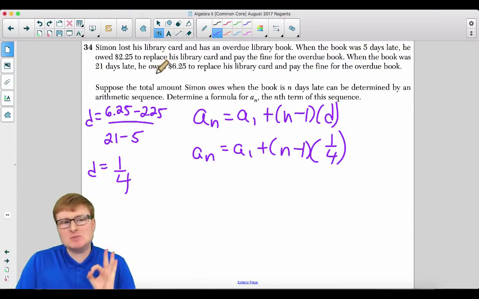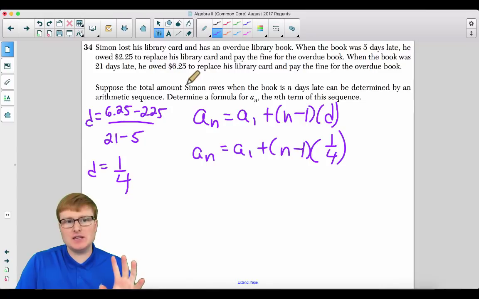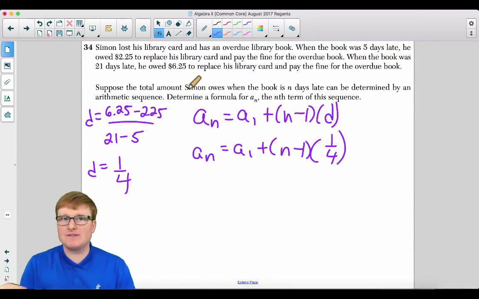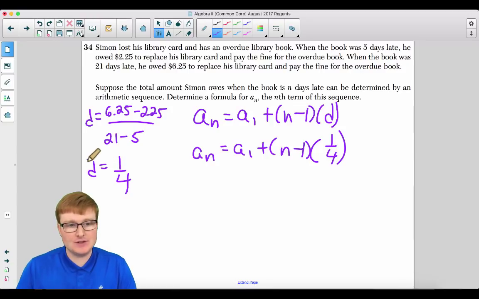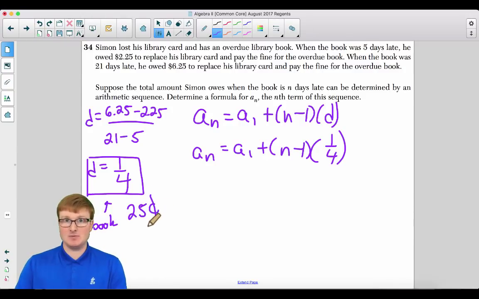It says here specifically that everything for his late fee is to replace his library card and pay the fine for the book. This common difference here, ladies and gentlemen, this is the fine to replace the book. And to replace the book costs 25 cents. Well, how much is it costing to replace his library card?